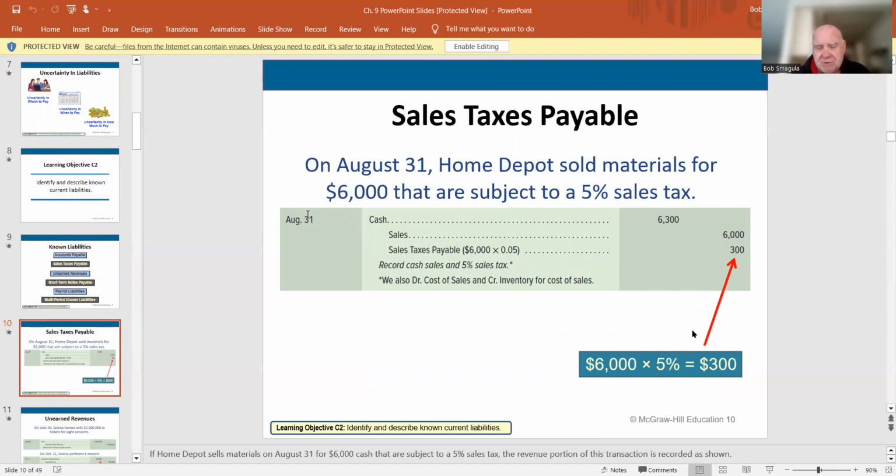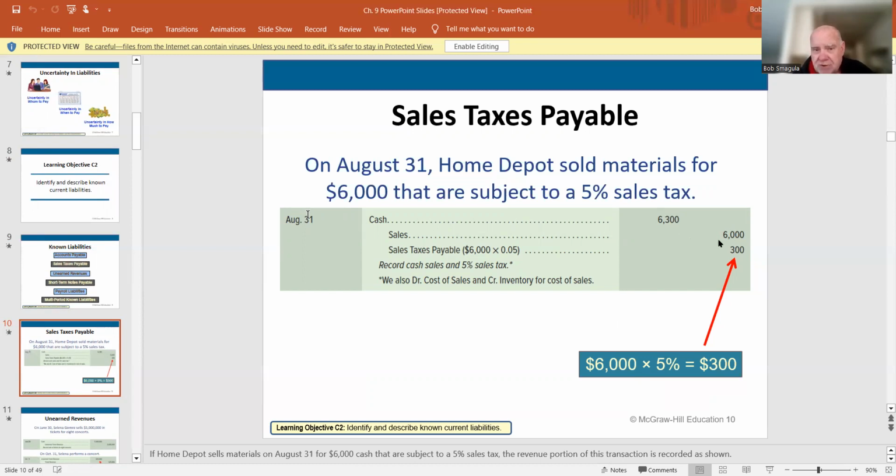Let's look at a brief example of sales tax. Home Depot sold materials for $6,000, subject to a 5% sales tax. Well, 5% of 6,000 is $300, okay? So when the customer paid, Home Depot got a check for $6,300. The 6,000 is the sale.